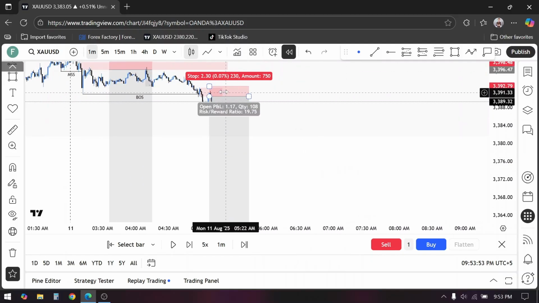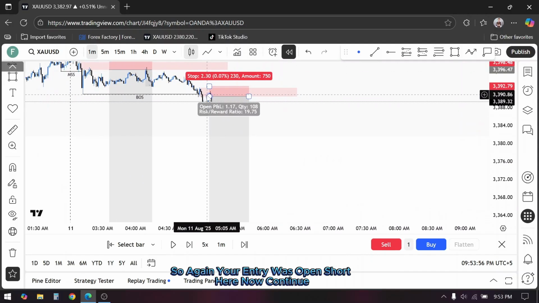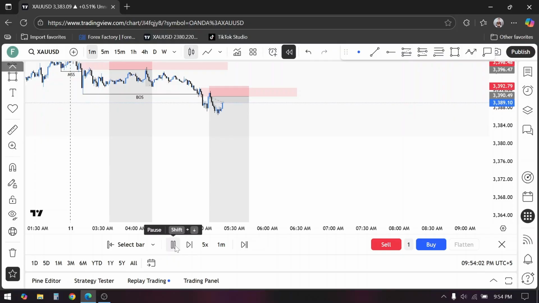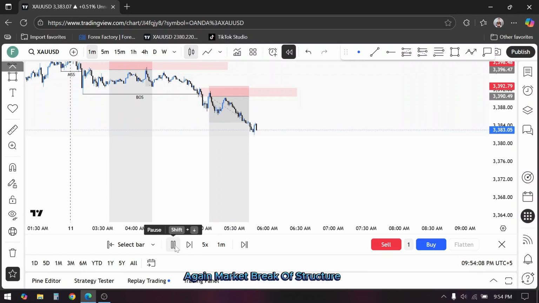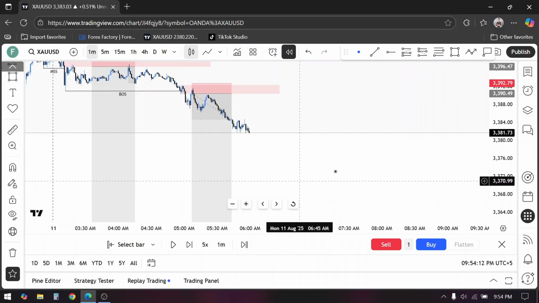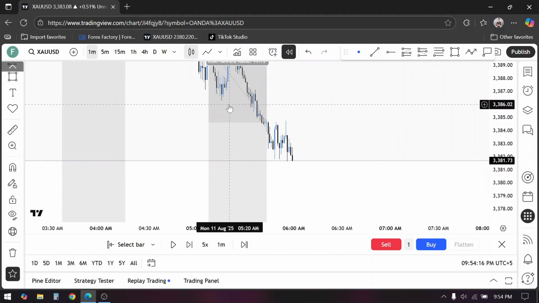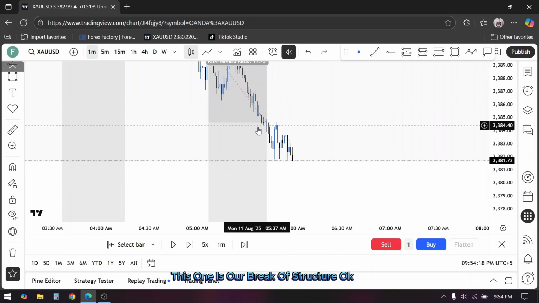So again your entry was open short here. Now continue. Again market break of structure. This one is our break of structure.